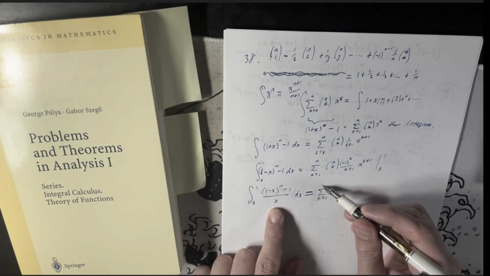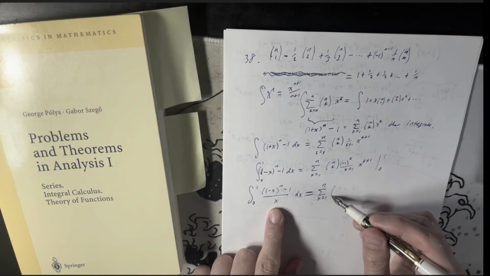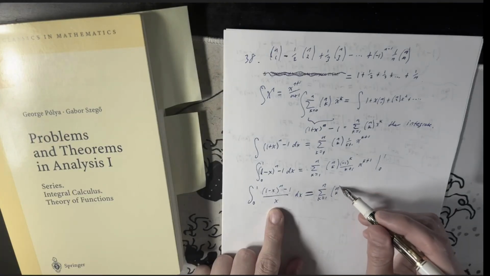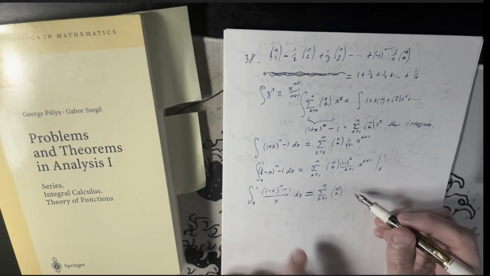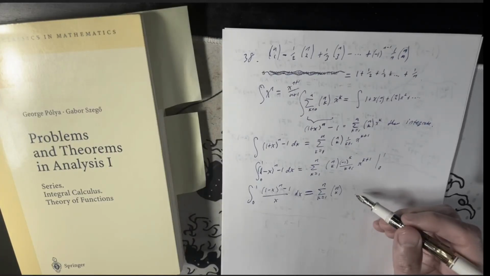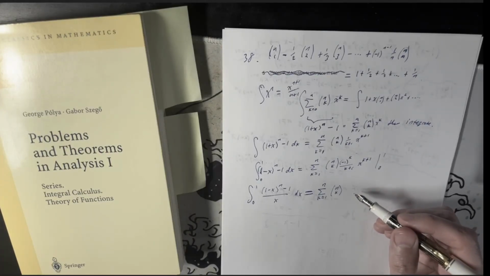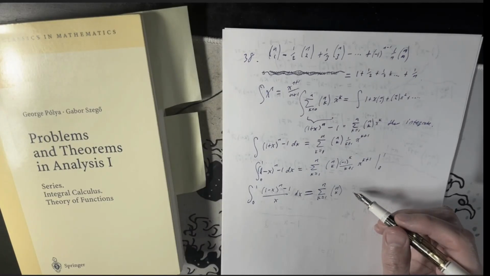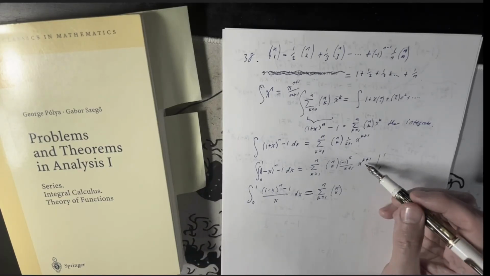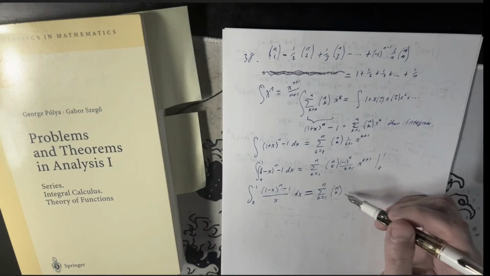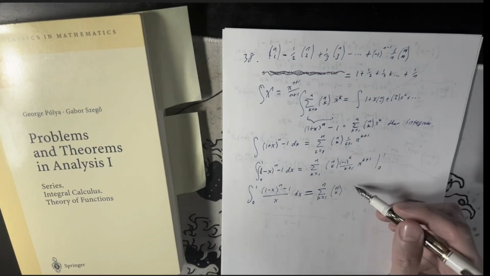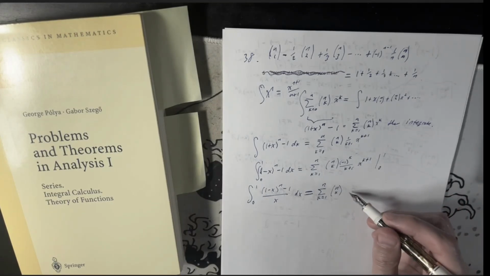So we're still doing this, but now, right, these used to be x to the k minus 1 before you integrated it. So it integrates out to be 1 over k.